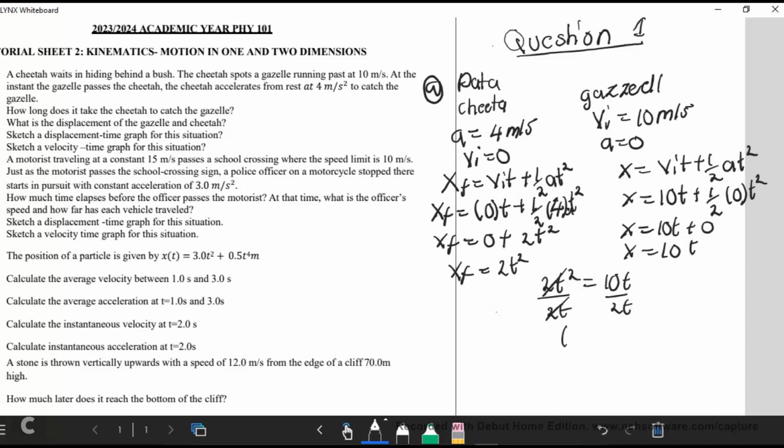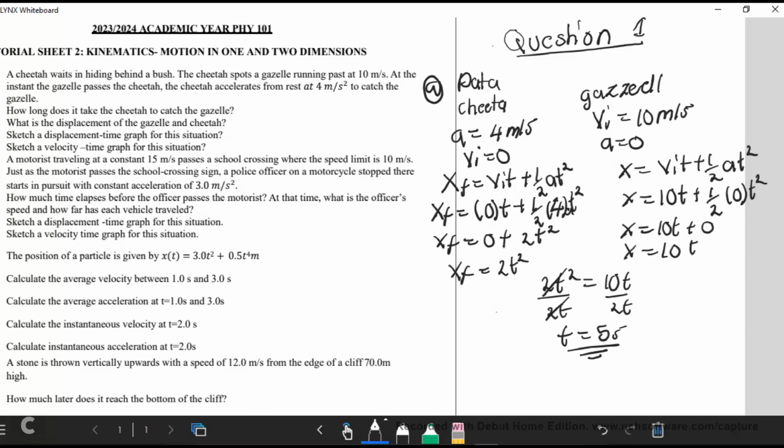What will remain here? You remain with t. Then when you divide, it gives 5 seconds. So it took 5 seconds for the cheetah to catch the gazelle. This is how you answer the first question.